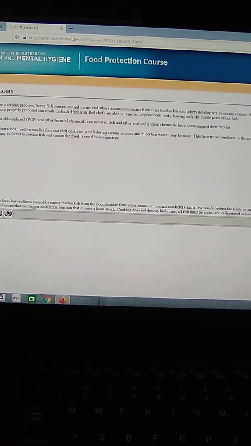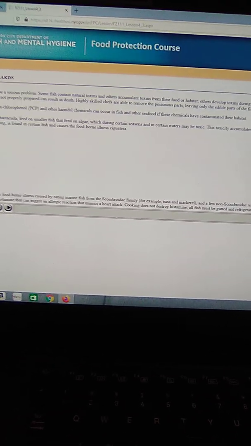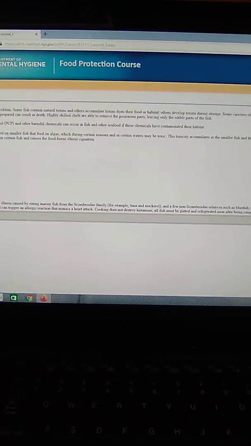Accumulation of mercury, pentachlorophenol, PCP, and other harmful chemicals can occur in fish and other seafood if these chemicals have contaminated their habitat.